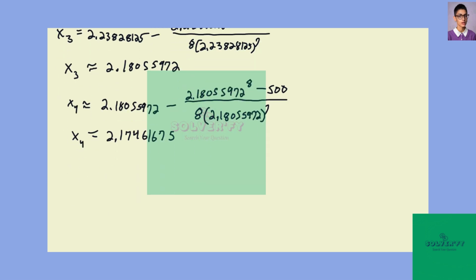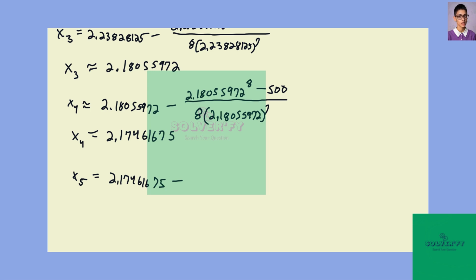Okay, so let's go on and find the fifth one. x sub 5 would be that same x value minus that value plugged into the function.